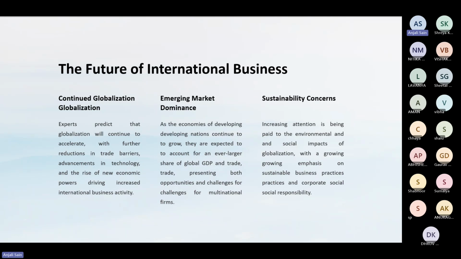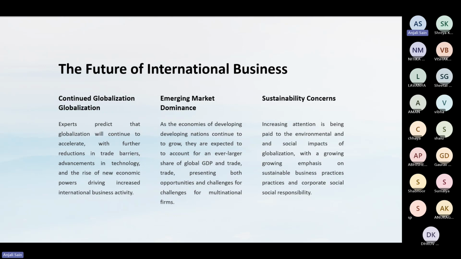Then the third one is sustainability concern. Increasing attention is being paid to the environmental and social impacts of globalization. Now, from 2013, with the introduction of the new Companies Act, companies are now focusing on growing on a sustainable basis. Okay, what does sustainability mean?